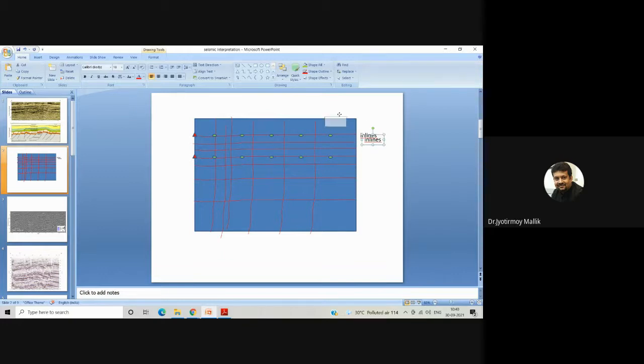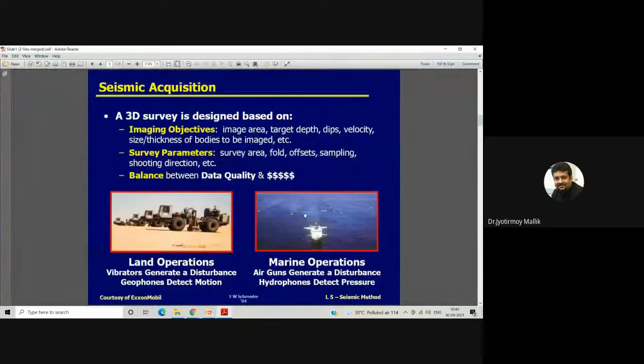Just inlines and cross lines. So this is how it is done for a boat. This is done for marine operation. This boat essentially moves around in that area. So marine acquisition is rather simple.